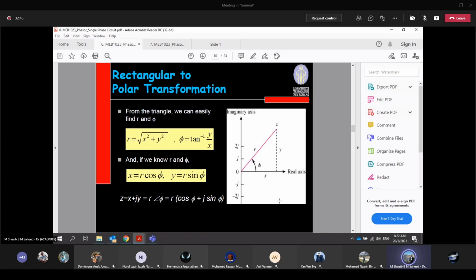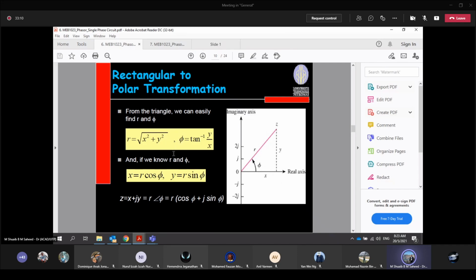Always remember that. That's why I'm highlighting this now. The phi here is where sometimes you will make mistakes. So whenever you're using your calculator, check first what mode you are currently using, is it degree or radian, and then adjust accordingly.